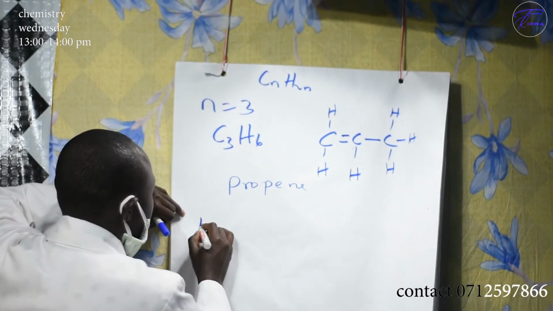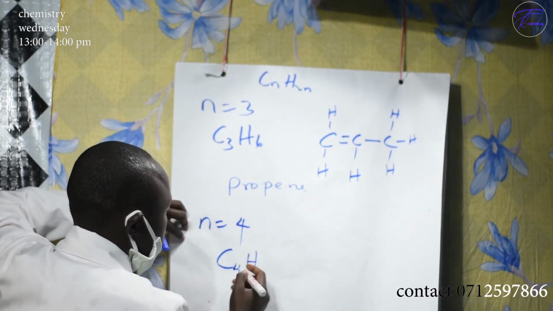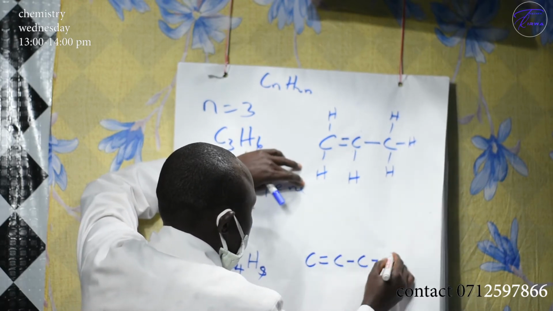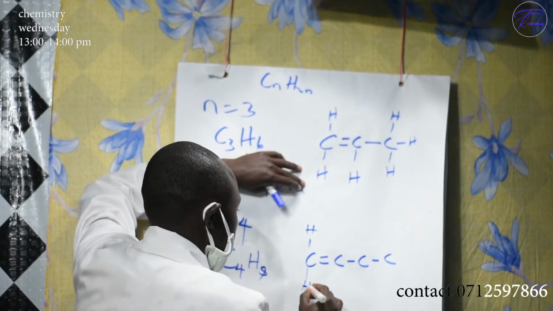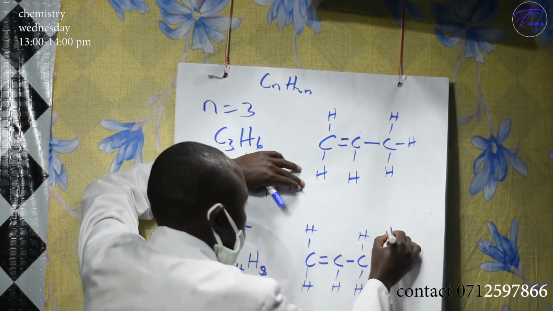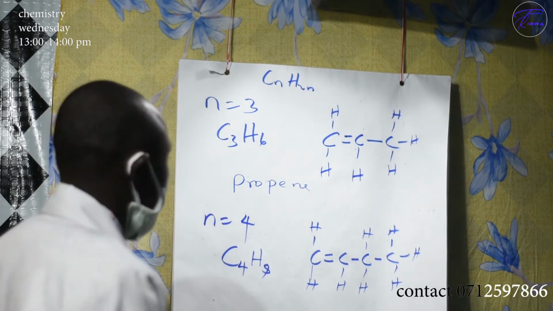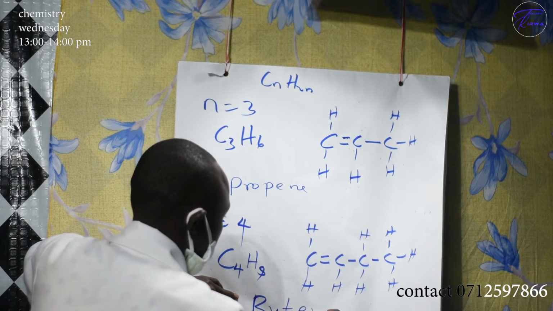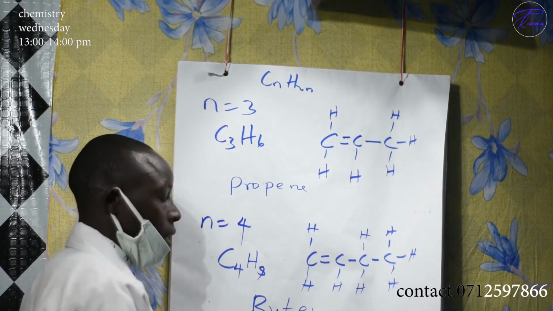So the next one is n is equal to 4, that is C4H, 4 times 2 is 8. Then you have the double bond, 1, 2, 3, 4, and hydrogens. So this is called butene. But means 4.